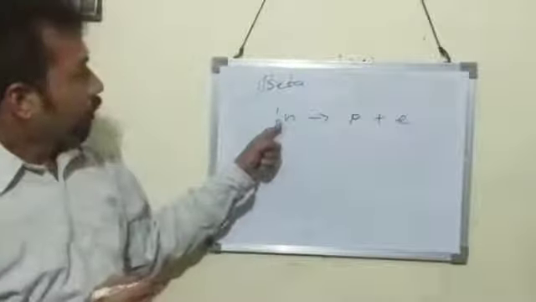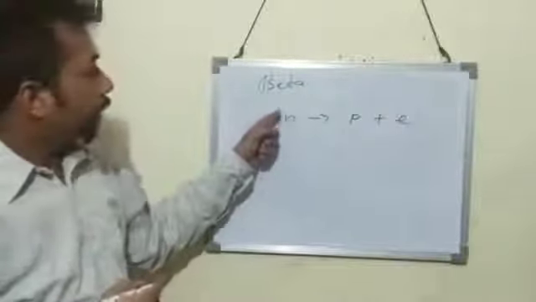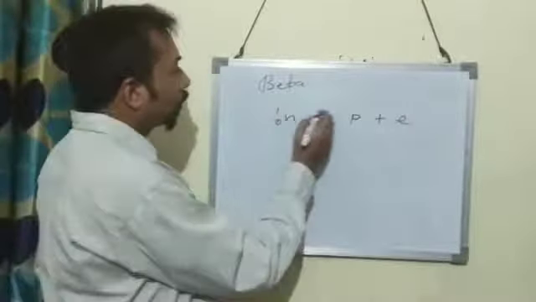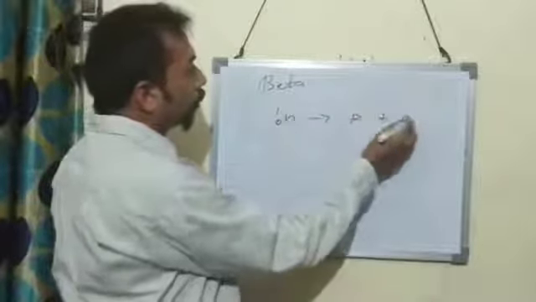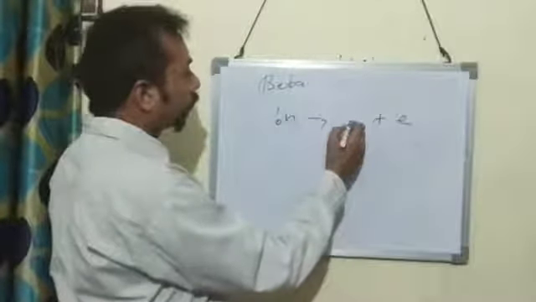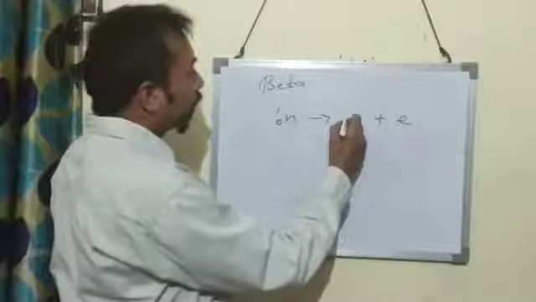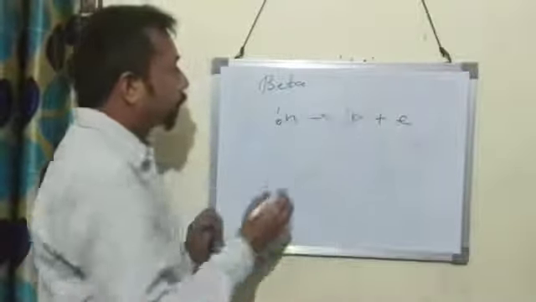A neutron's number is not counted in the atomic number, but it is counted in the mass number. So one neutron changes to one proton by emitting an electron, and a proton's number is counted in both the atomic number and mass number.